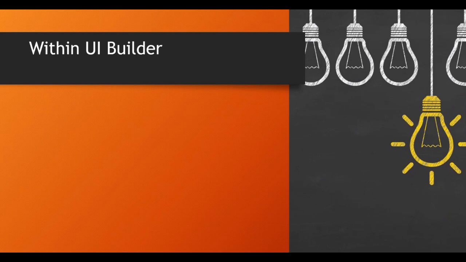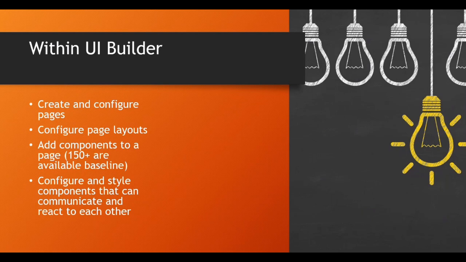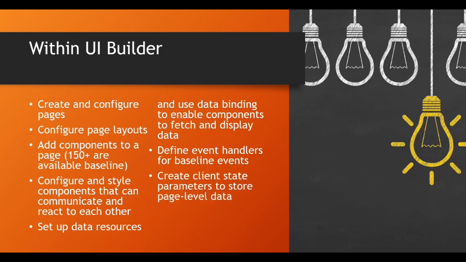Within UI Builder, you can do the following to configure your web experience: create or configure pages, configure page layout, add components to a page, configure and style components that can communicate and react to each other, set up data resources and use data binding to enable components to fetch and display data, define event handlers for baseline events, create a client state parameter to store page-level data, add client scripts.